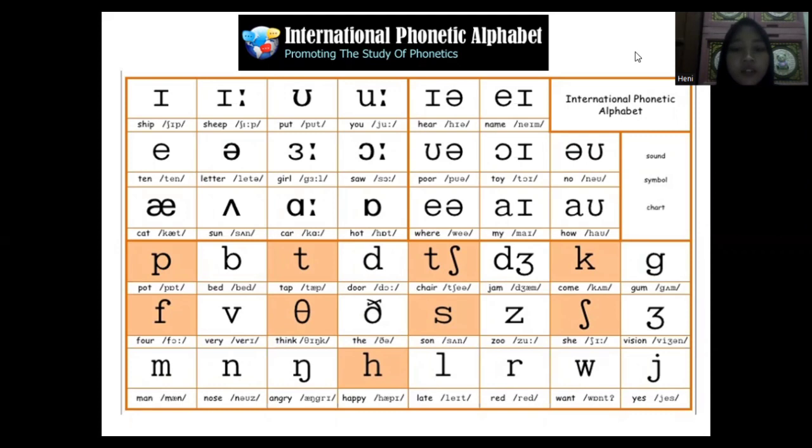Next are diphthongs. First, ear, for example, here. Next, oor, for example, oor. Next, air, for example, where. Next, the sound in name, for example, name.